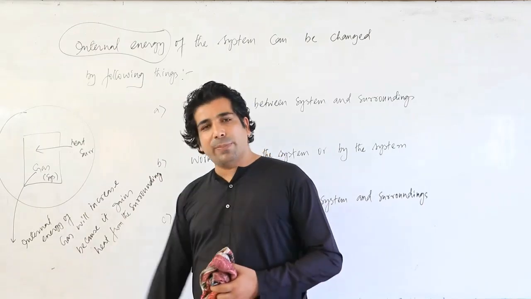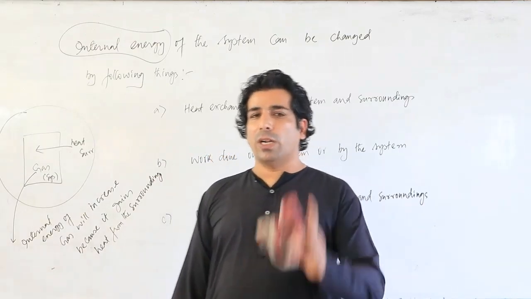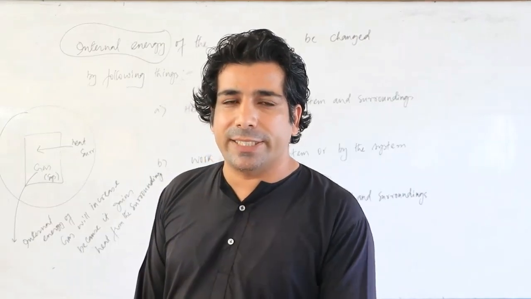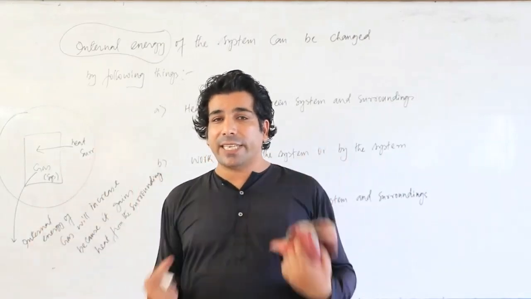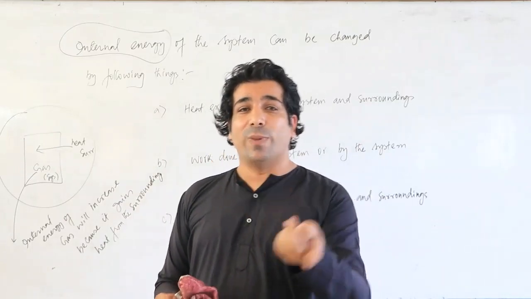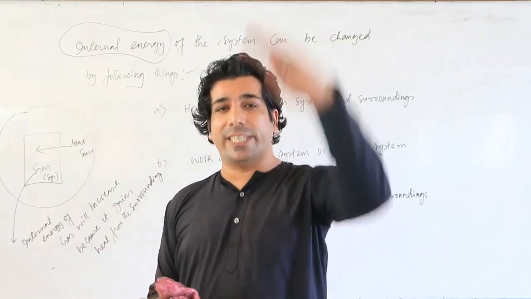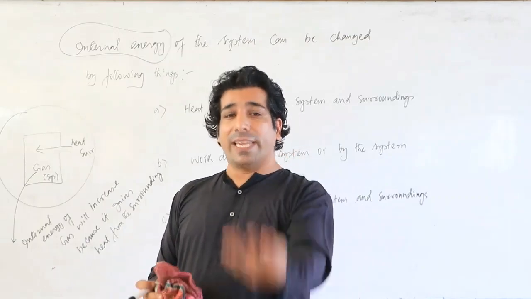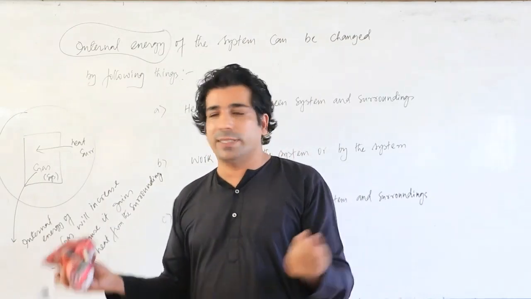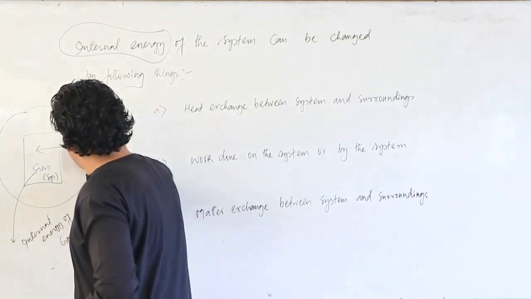So the reverse thing will happen. If you are losing heat, understand that your internal energy will decrease. But if you gain or absorb heat, your internal energy will increase. So by losing heat, the internal energy of a system decreases, and by gaining heat, the internal energy of the system will increase. That's common sense. Now let's go further to the second point.